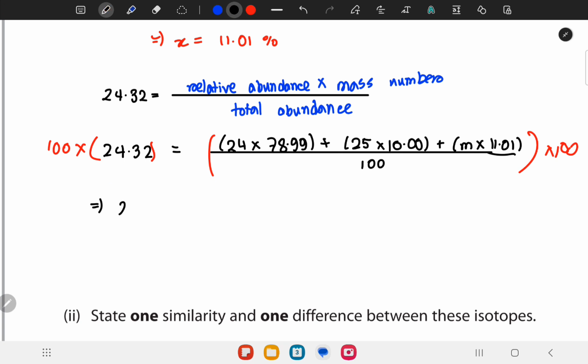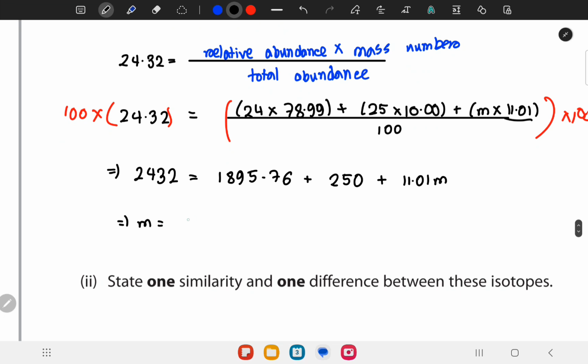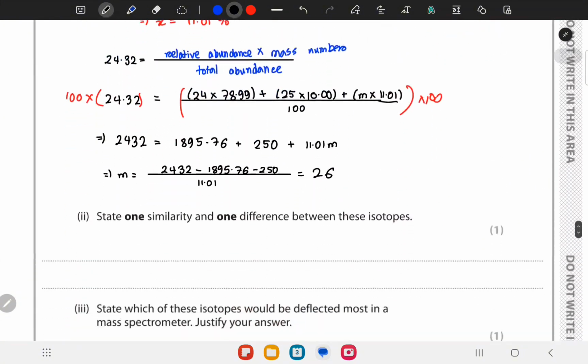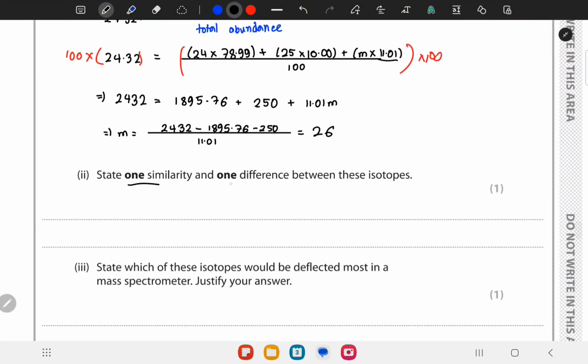So we'll have 2432 equals 24 into 78.99 is 1895.76 plus 250 plus, if we calculate this will be 26. So m is 26.